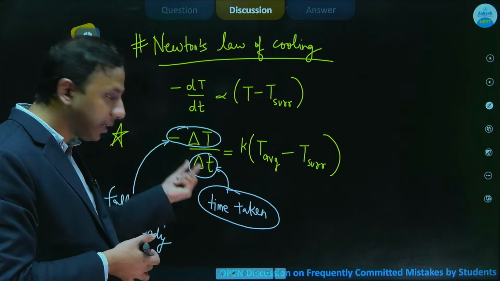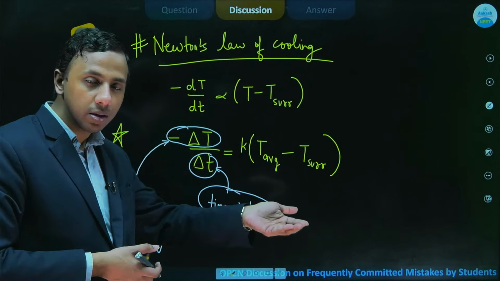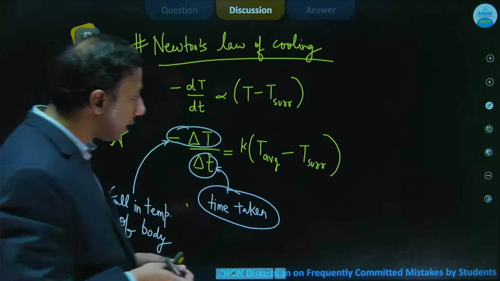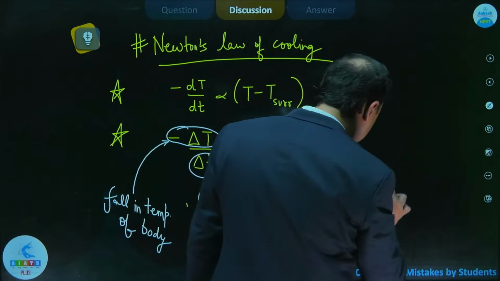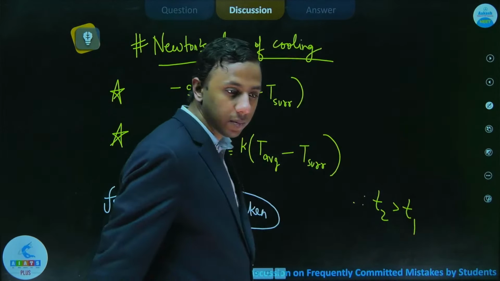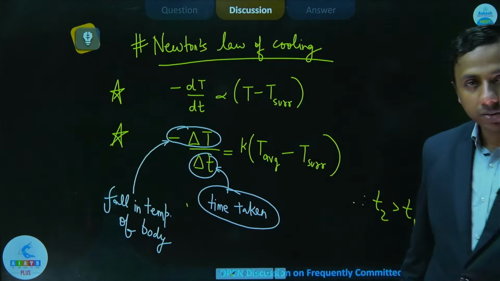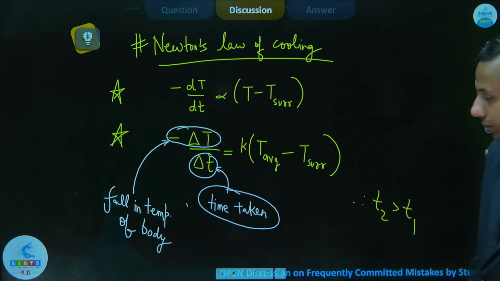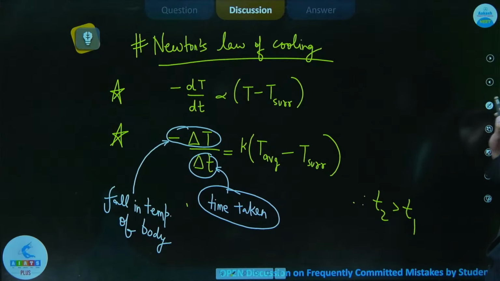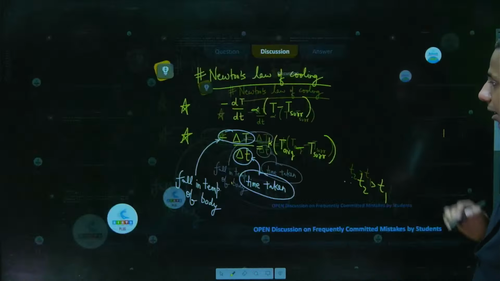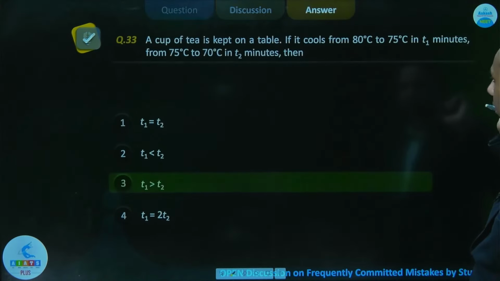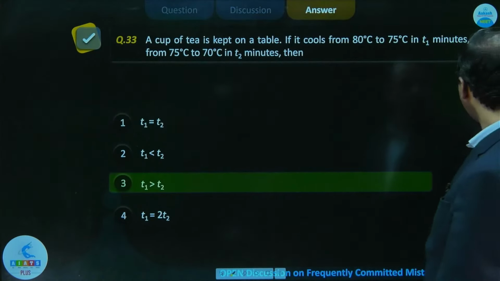So therefore, the time taken has to be more now than the previous case, that is T2 more than T1. That's all, because T average was lesser now. So simple. I hope you got it. Let's check the answer slide.